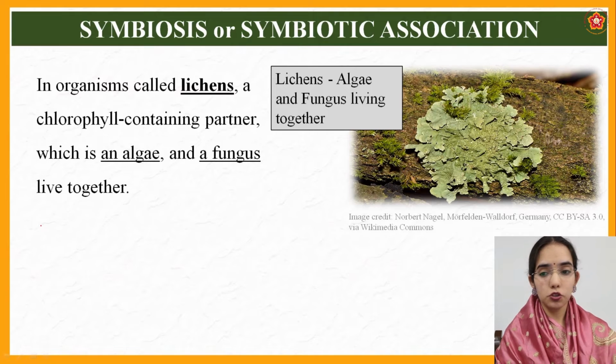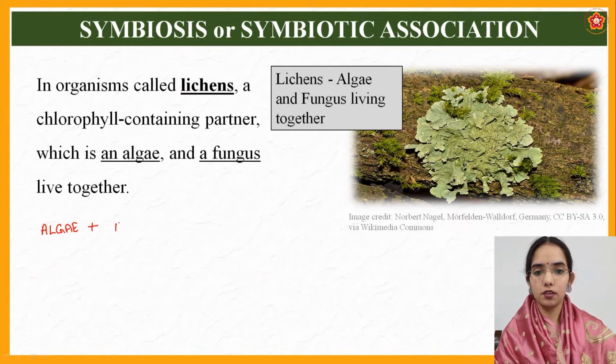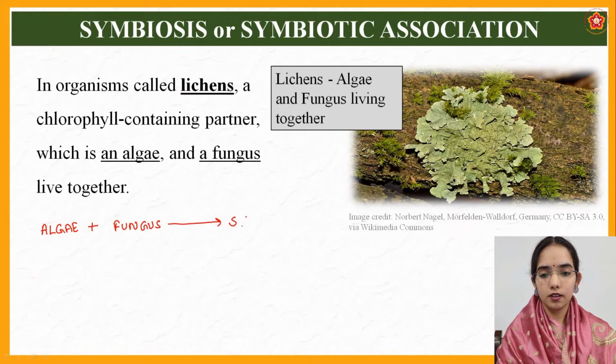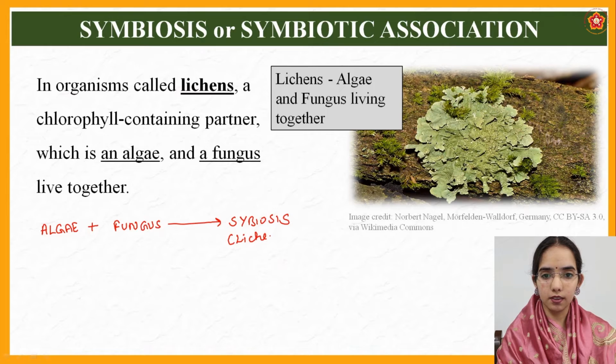So over here the two partners are algae and fungus. They are in symbiotic association or symbiosis. And this type of symbiotic association is given the name of lichen. Together we call them lichen.